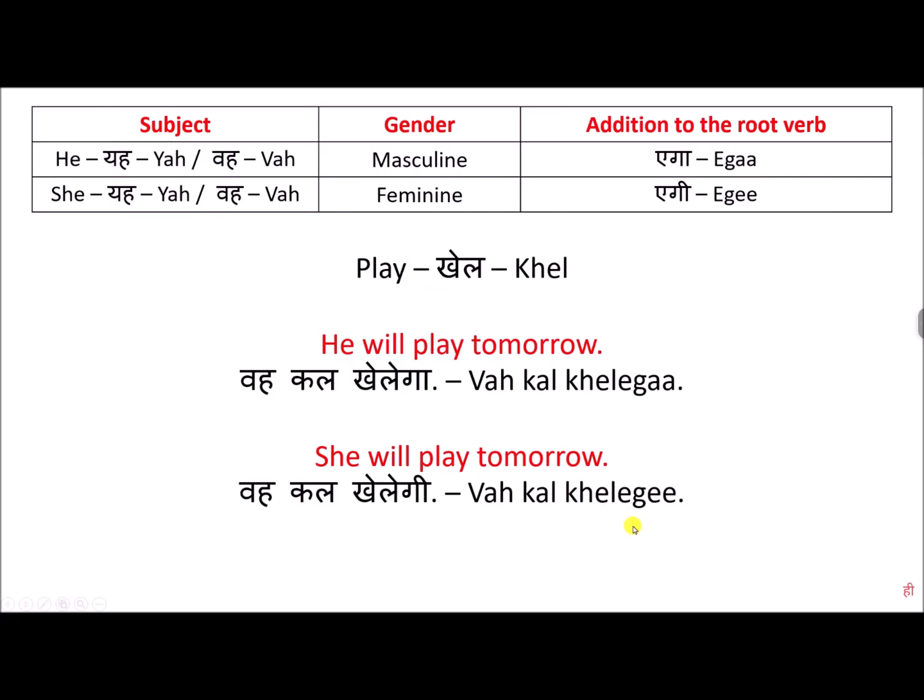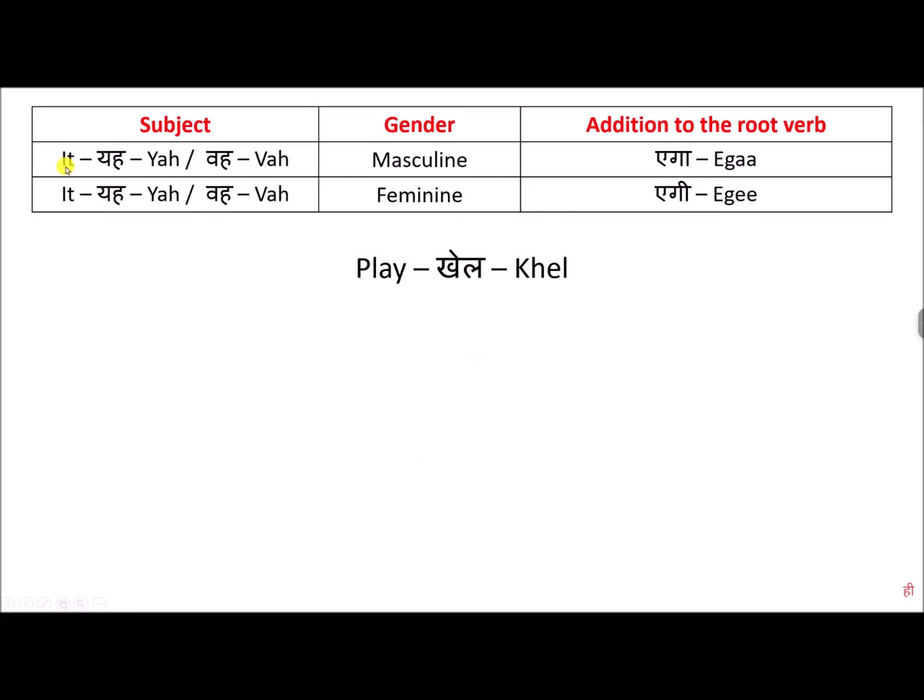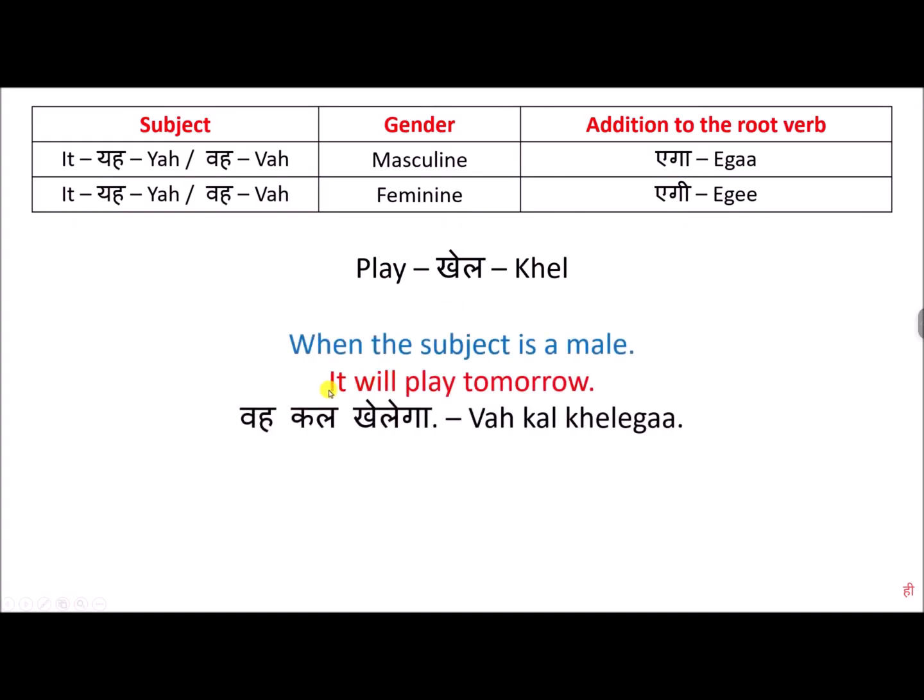Alright. Next. It. With it, we use the same suffixes. Ega and egi for masculine and feminine. Okay. When the subject is a male, it will play tomorrow. वह कल खेलेगा. वह is it, कल is tomorrow, खेलेगा is will play. वह खेलेगा is it will play. कल is tomorrow.